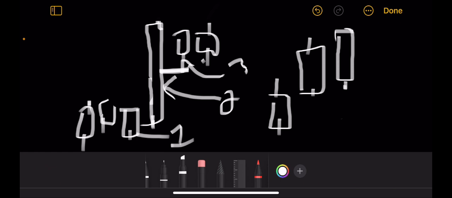If you take the top of candle 1 and bring it all across, it should hit somewhere on candle 3. It could be like that. Say this didn't have a wick, it could be like that, still intersecting.